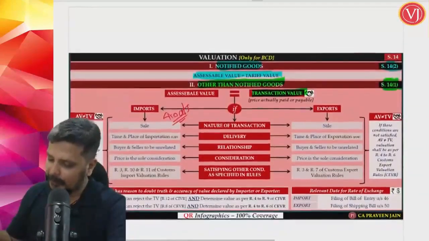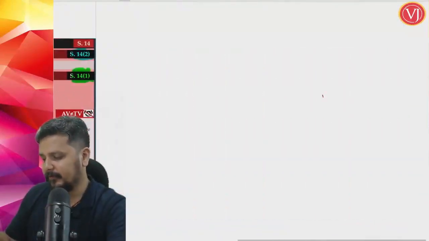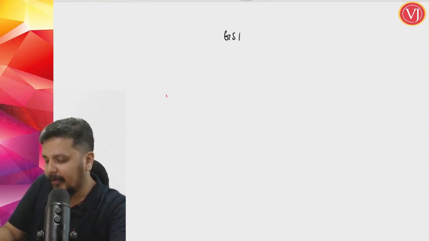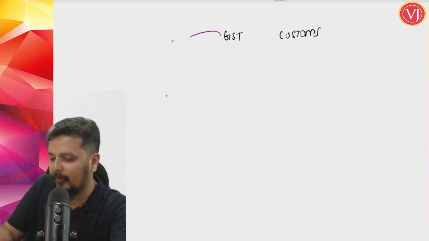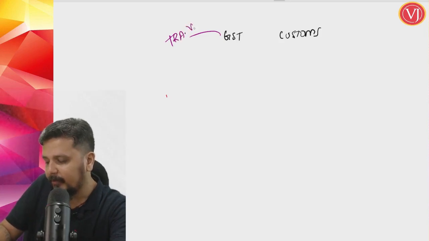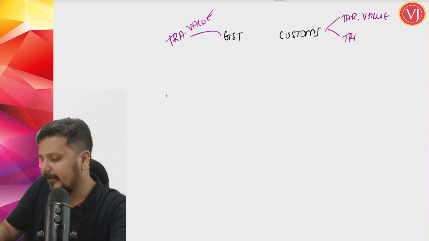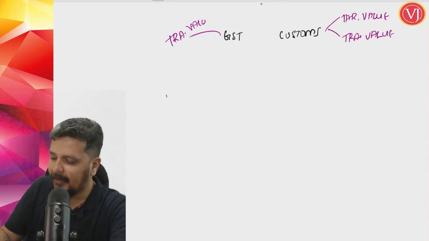Now, before I take those conditions, understand that in GST, if you satisfy the conditions, you have the concept only and only of transaction value. Here you have tariff value at times, but mainly it is transaction value.